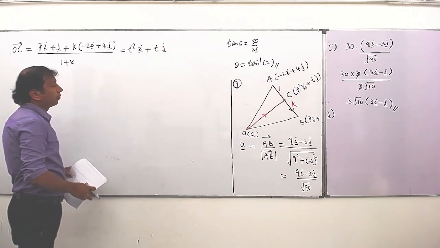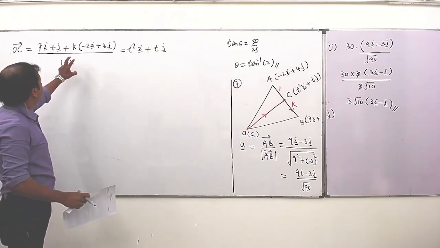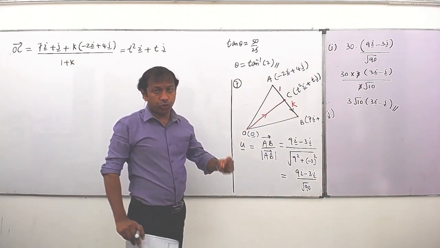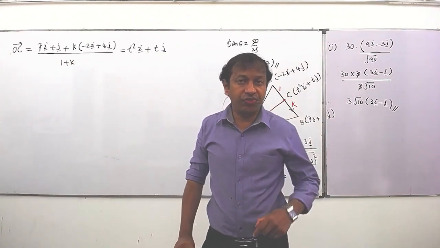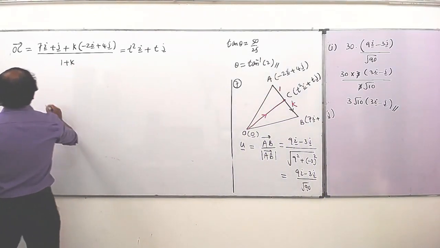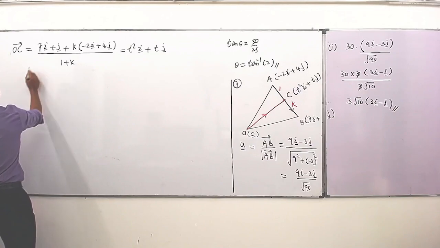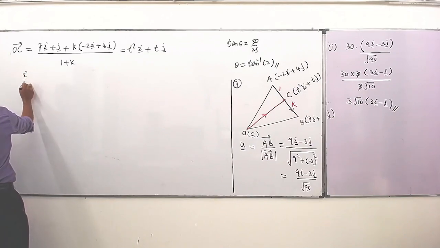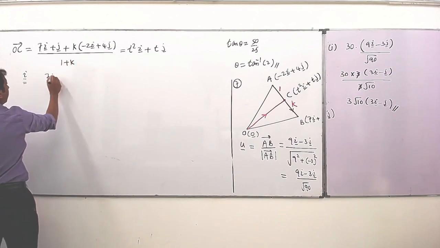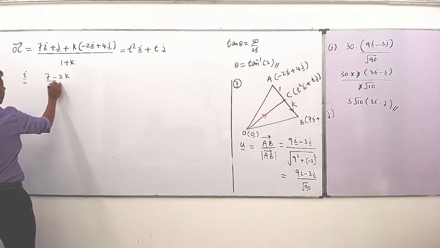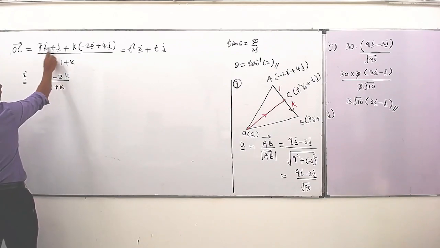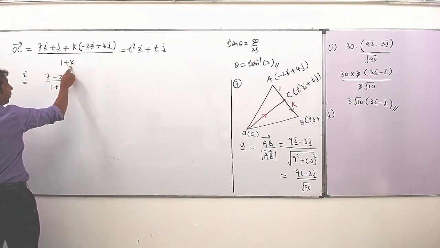Now, what we do is, two vectors being equal means their i coefficient should be equal and their j coefficient should be equal. Then I am going to equate the i coefficient. Here we get 7 minus 2k divided by 1 plus k is equal to t squared.